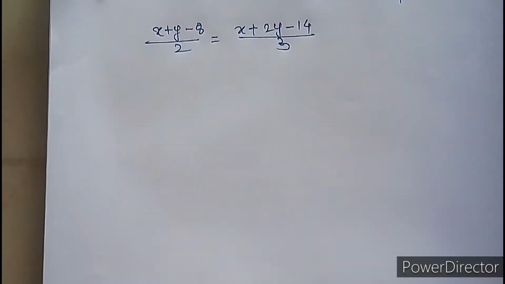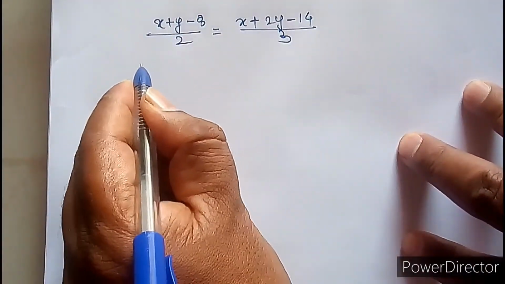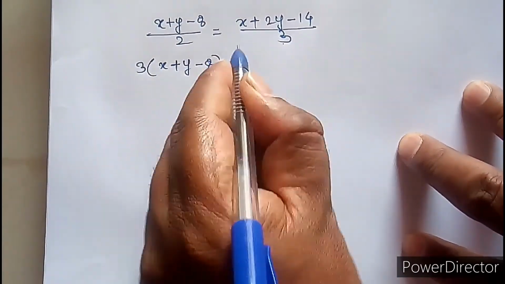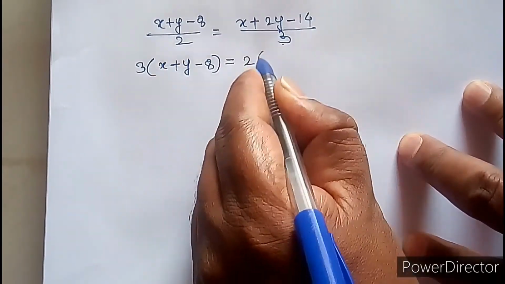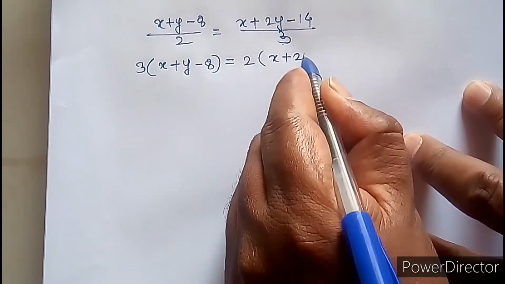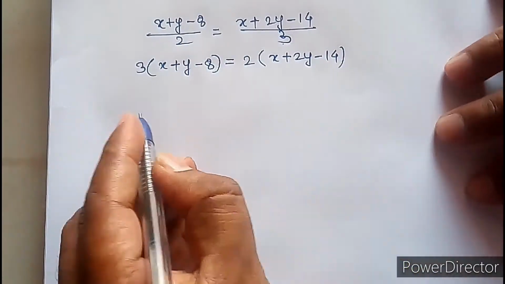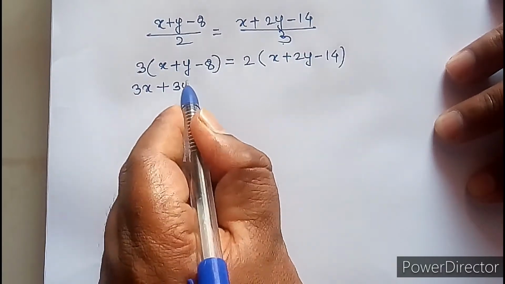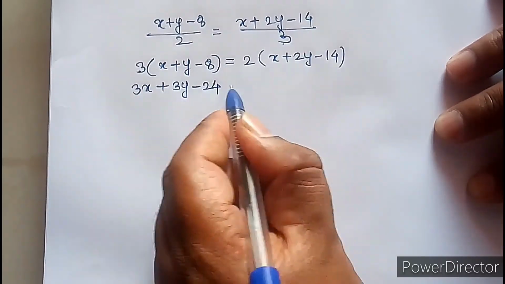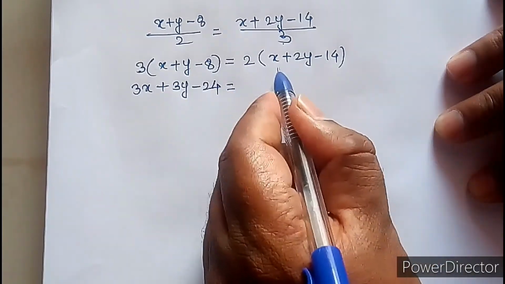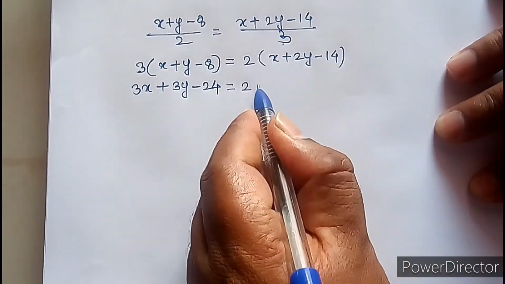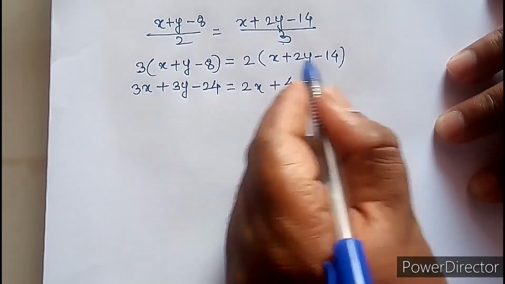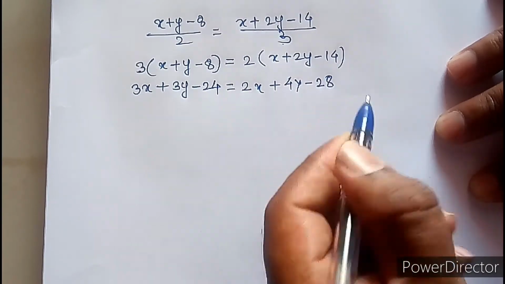Now on cross multiplying, multiply 3 into (x plus y minus 8) equals, now 2 will be multiplied with (x plus 2y minus 14). Now it is simple multiplication. 3 into x is 3x plus 3 into y, 3y, minus 24 equals 2 into this complete expression, that is 2 into x is 2x plus 2 into 2y, 4y, minus 2 into 14, minus 28.